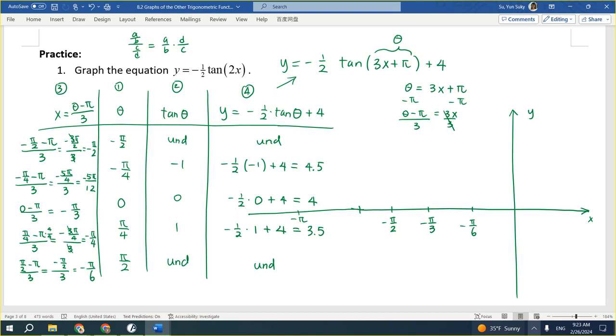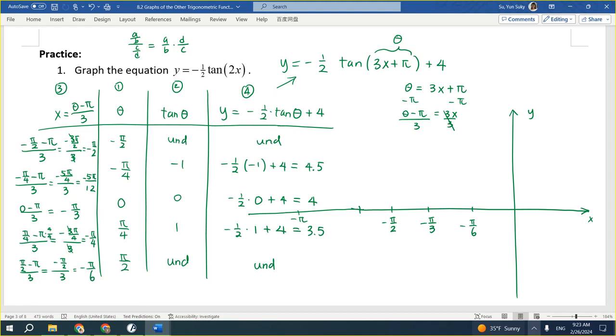Try to see if you can understand the division. What does pi over 2 mean? It's pi, you divide it into 2 pieces. Pi over 3, you have the pi divided into 3 pieces. What's pi over 6?